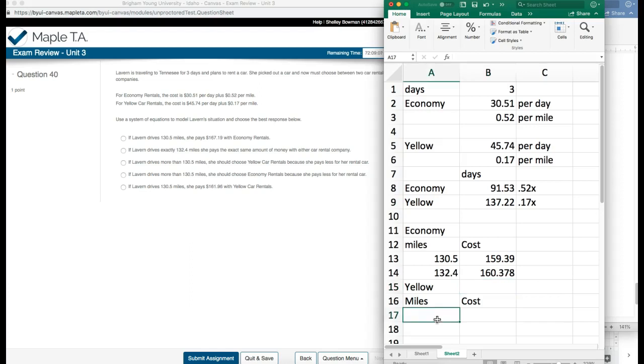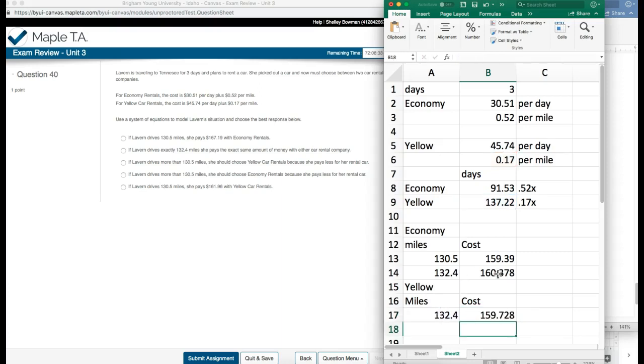For the yellow one, 132.4, we'll have to come up with our equation here. This one equals 137.22, and let's do an absolute cell reference in case we need to do any more calculations for the next ones. Then we add the 17 cents, again absolute cell referenced so that it's out of the way, and multiply it by the miles here, and press enter.